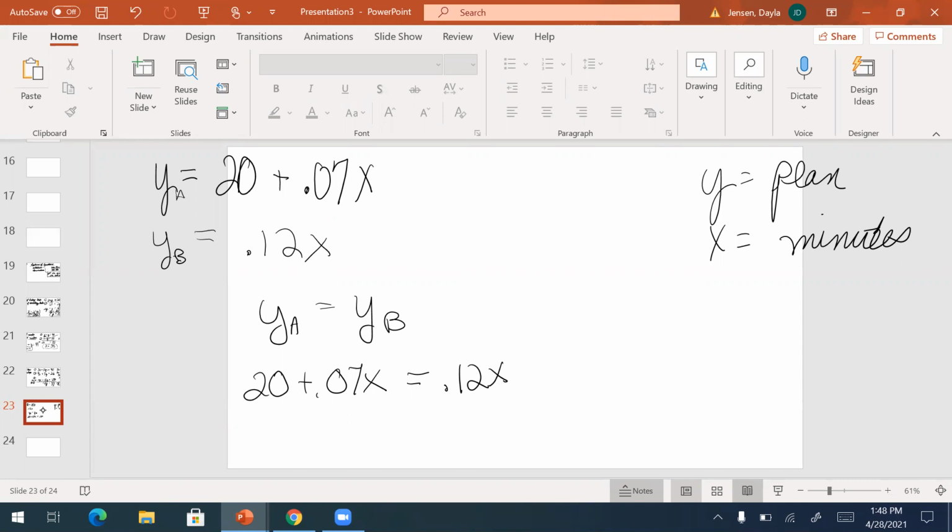So 20 equals 0.05x. So x must be 20 divided by 0.05. So for 400 minutes, these two plans are the same.